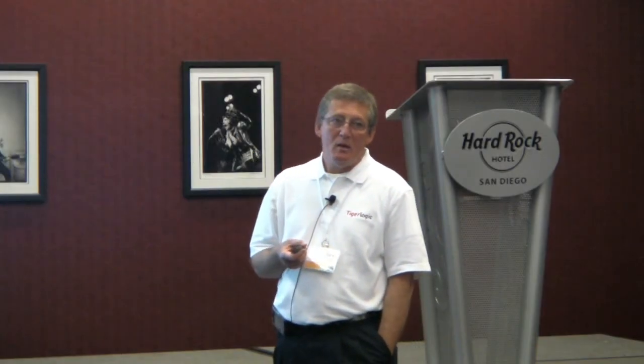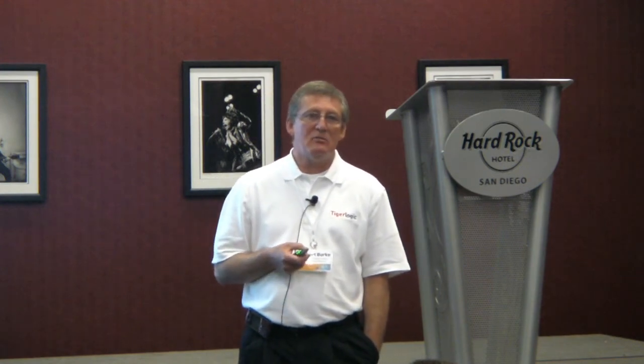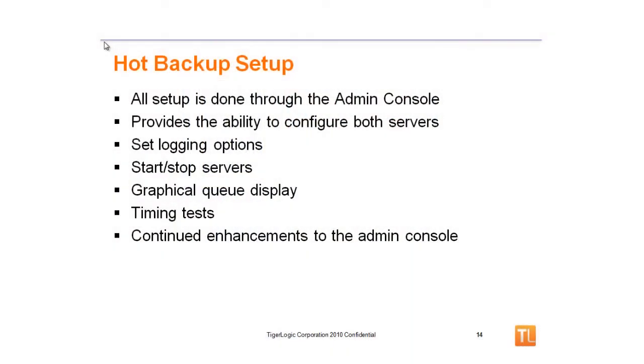admin console. The admin console, as John made a little bit of mention of earlier, is a .NET application. It runs on a Windows system, uses our .NET API to talk to D3 Windows 9.0 systems. The enhancements done to the admin console provide the ability to configure both the primary and the secondary servers. It allows you to set your logging options.